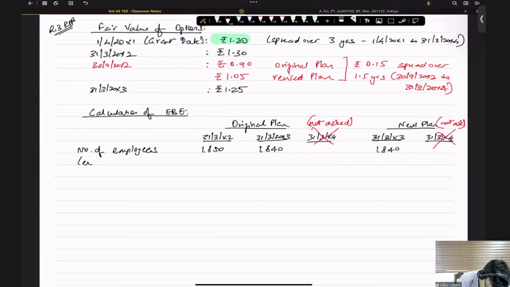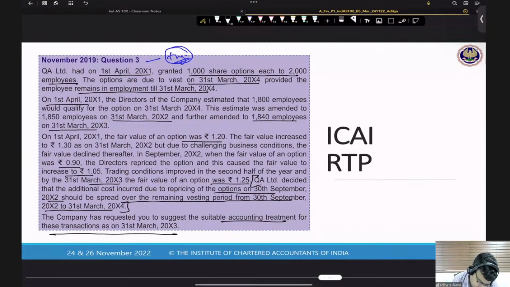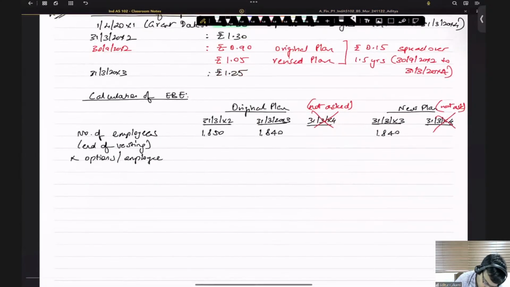This is end of vesting. Your estimate multiplied by options per employee. How many options have been given? 1000 share options. 1000 into fair value in rupees. How much is it? This will go by the grant date.